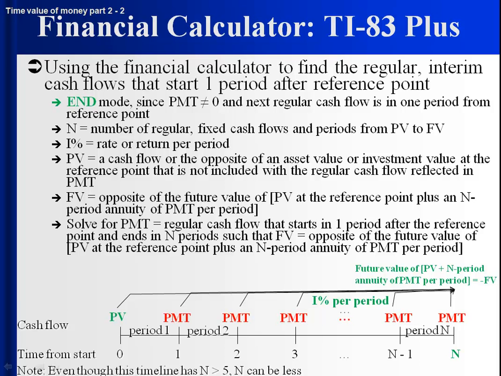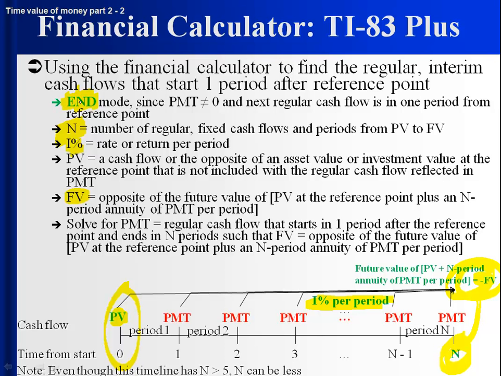So if you tell the calculator FV, then you're telling it your target. You tell it I%, that's the rate at which you can save. If you give it a PV, it's an amount at the beginning. Often it's going to be an amount already saved in the account, but it could be a special starter contribution. If you give it end mode, and I forgot to mention, if you give it N, we know when the FV is as of, the target is as of this point in time, N is also the number of fixed payments.